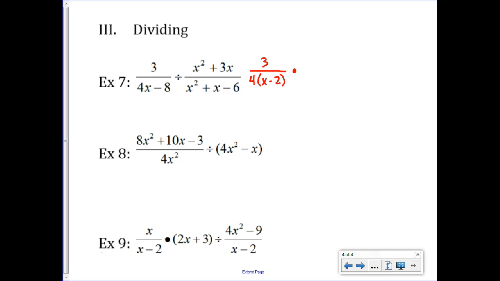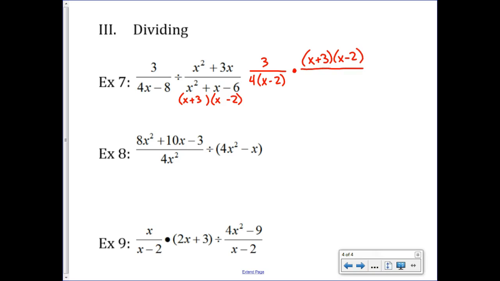Now, multiplying, so I'm flipping it over. What I'm looking at right now is this x squared plus x minus 6, because that's going to be my new numerator when I multiply. So I need two things that multiply to negative 6 and add to positive 1. That should be plus 3 and minus 2. So x plus 3 and x minus 2.